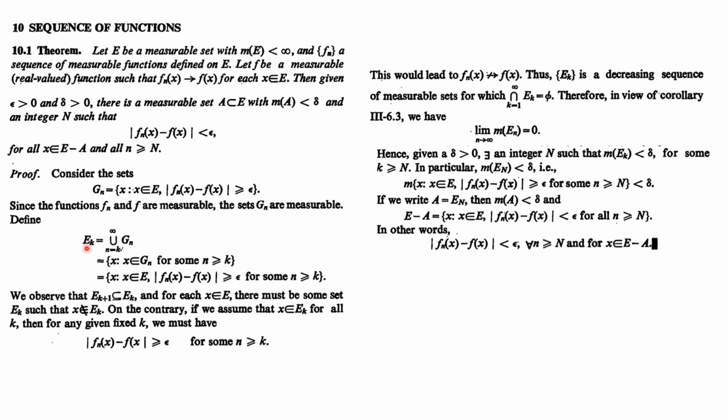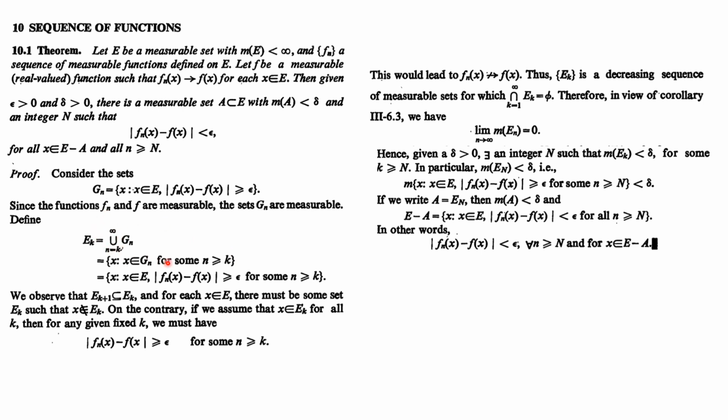Right? Now what is the E_k set? Substitute the value of G_n over here. It is a set of all those x belonging to G_n. Now union means it is true for n greater than or equal to k. That means all those x belonging to E where |f_n(x) - f(x)| is greater than or equal to epsilon for some n greater than or equal to k. Due to union, we get for some. If there is intersection, then this is true for all.